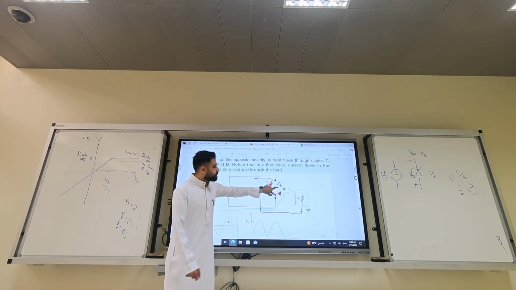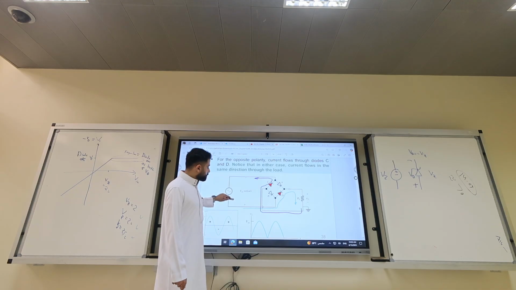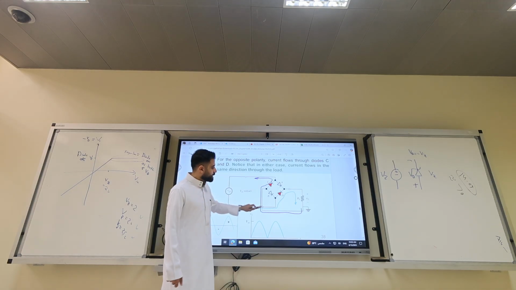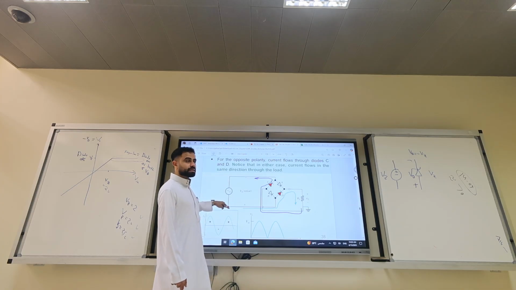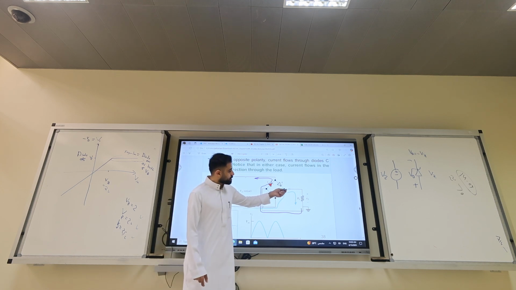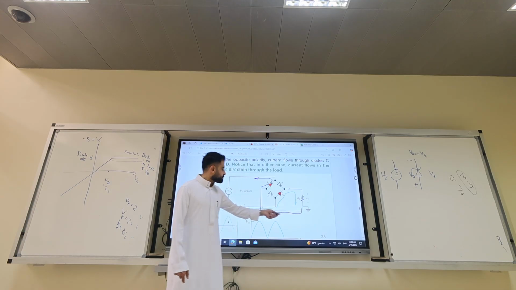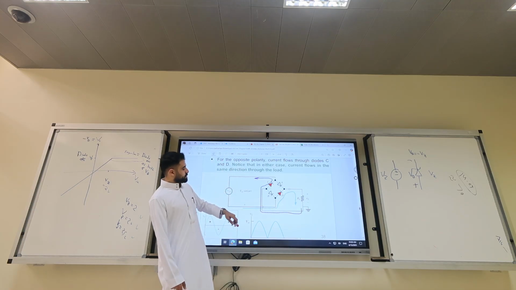This diode will be on, this diode will be on. So the current flows through the negative cycle here, because this is more negative than this. At the negative AC, this will be more negative, so here the amplitude is minus 10. So it will go here to the ground. Where is it connected?